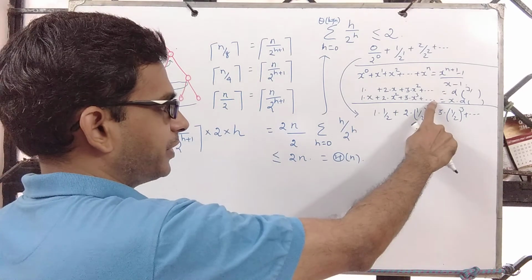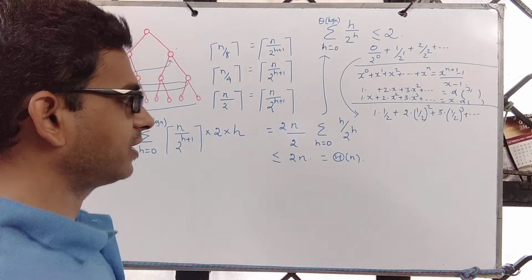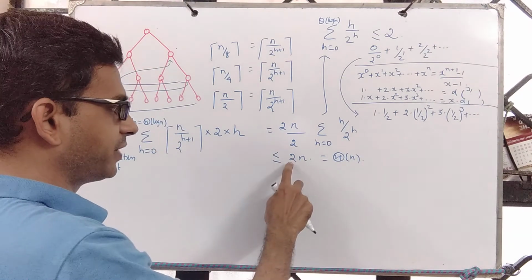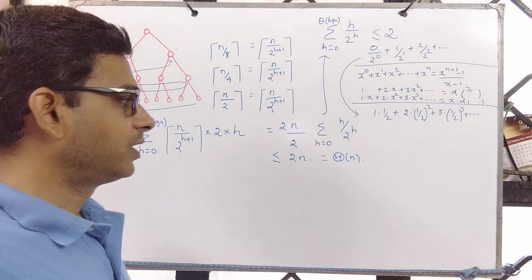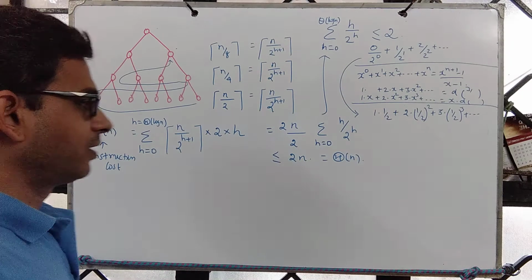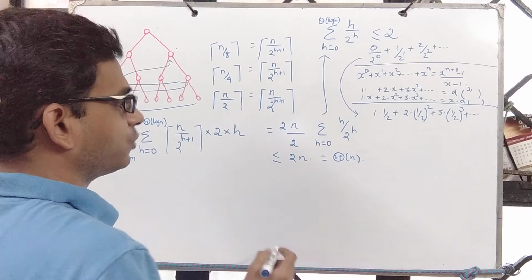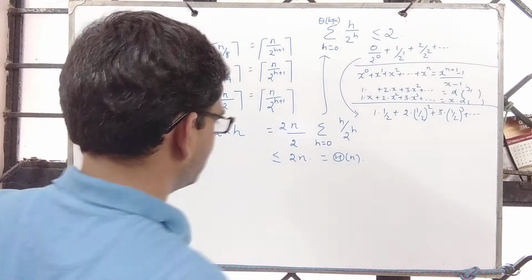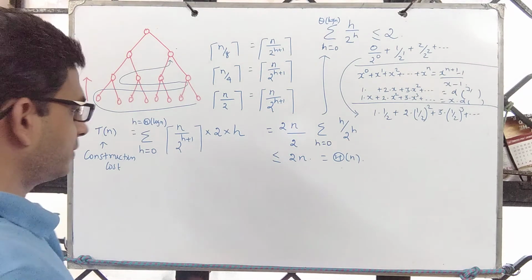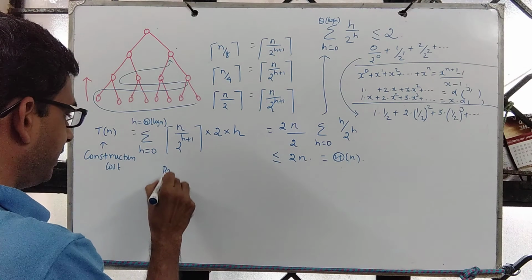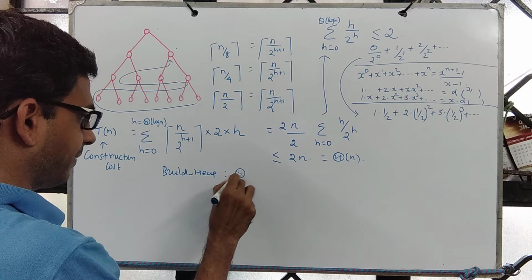So in this you substitute x is equal to half, and when you simplify the right hand side, whatever we get is precisely what I've substituted here. So we see that that becomes a constant. So now we see that h by 2 power h is at most 2. Quite an elegant analysis that shows that one can build a heap in theta of n time.